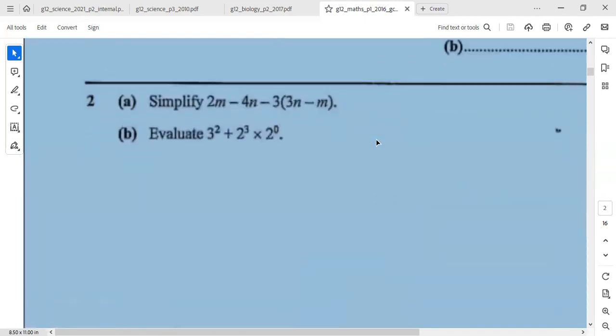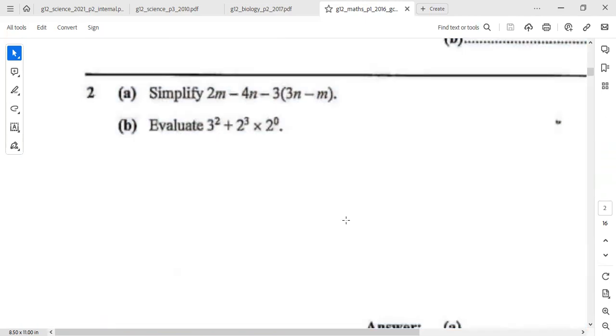Simplify this guy. So simplifying, the first thing, of course, we expand, then we group the like terms. So expanding on this guy, we are first of all expanding the 3. So 2m minus 4n, then 3 by negative 3 by 3, that's negative 9n. Then negative, that's a positive, that means plus 3m.